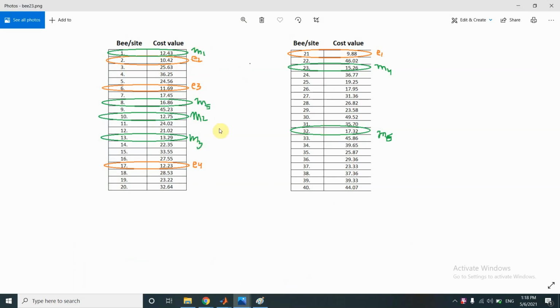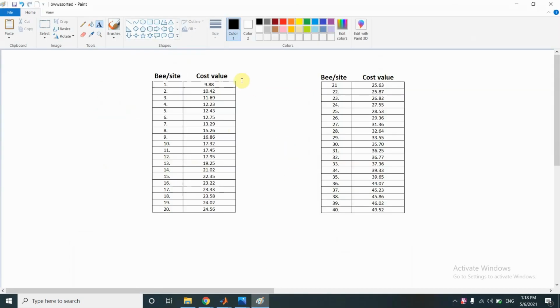So after arranging all the cost values in ascending order, we got this, and among them these first four are elite, and these next six are selected but non-elite.